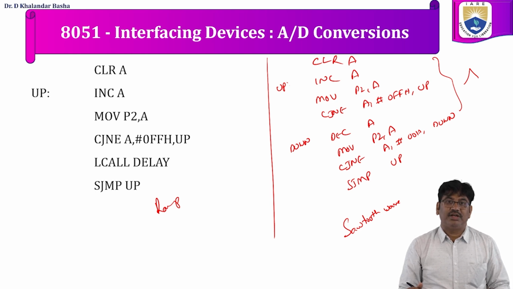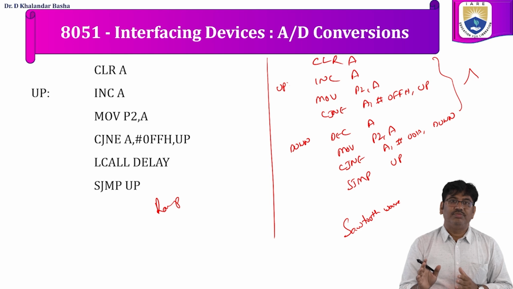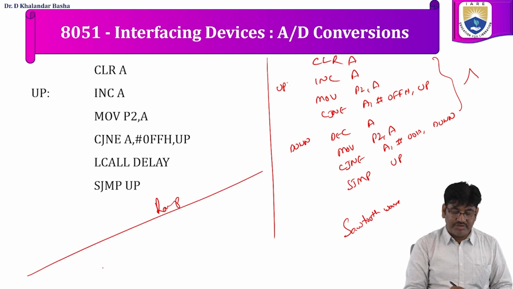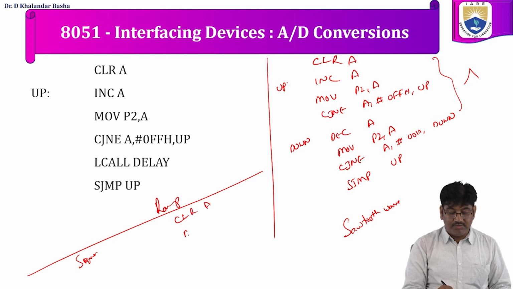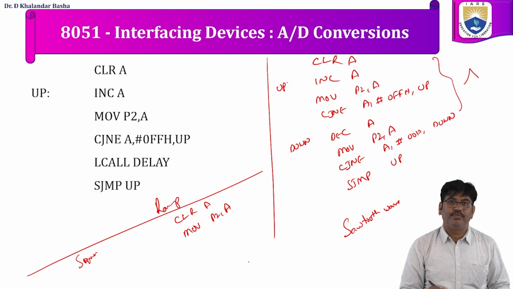Right. So this is a program for generation of ramp as well as sawtooth waveform. Suppose if I want to generate a square wave, how can we generate a square wave? Here also first we'll clear accumulator. I'll write a square wave, which is a small program. So first we'll clear accumulator. This accumulator content will be passed to port 2.